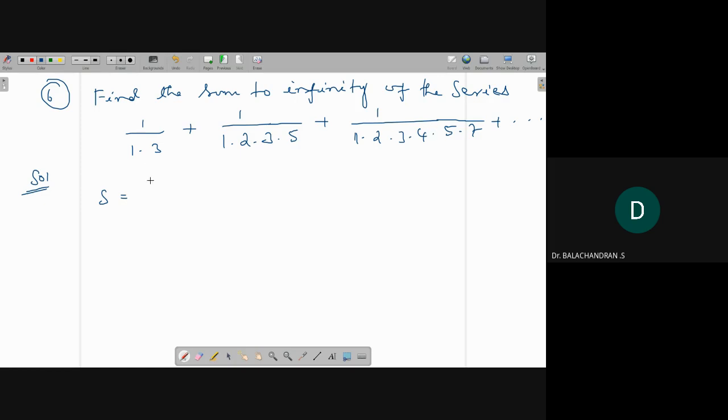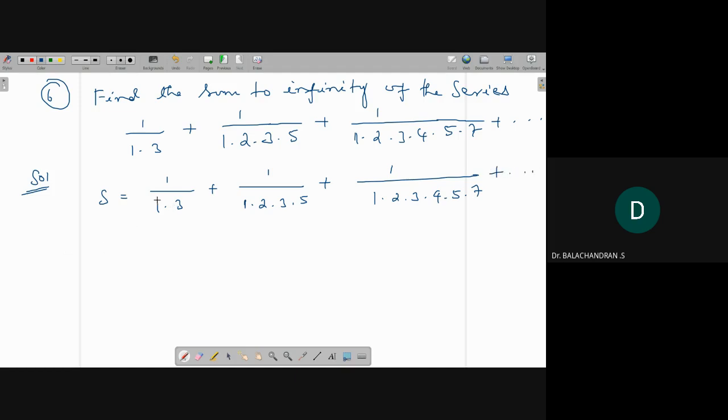So let us take S is equal to 1 by 1 into 3, 1 by 1 into 2 into 3 into 5, 1 by 1 into 2 into 3 into 4 into 5 into 7.